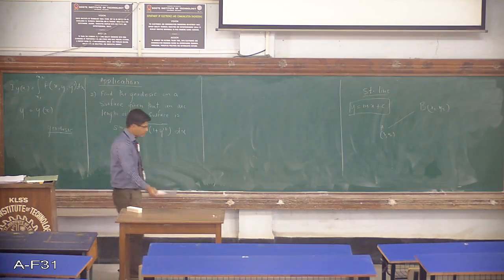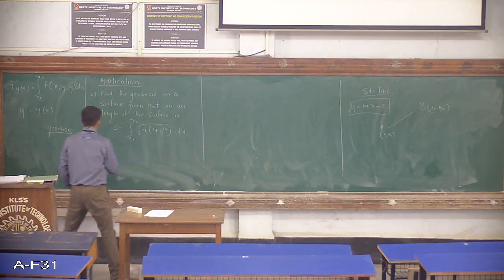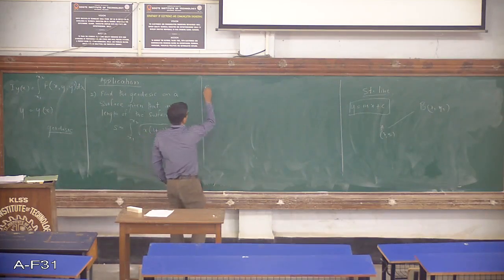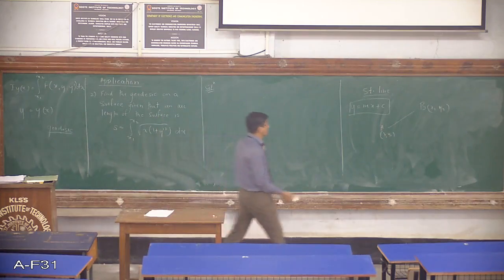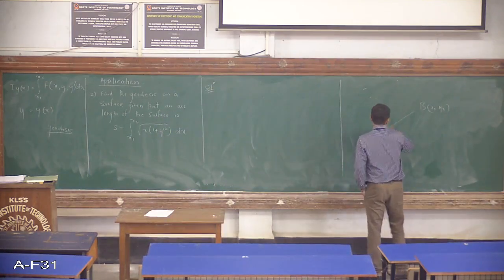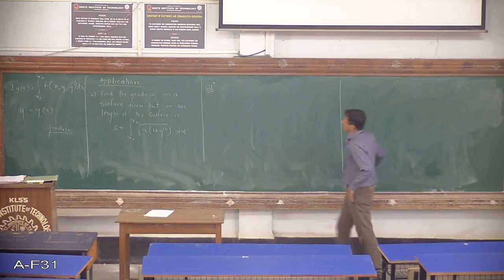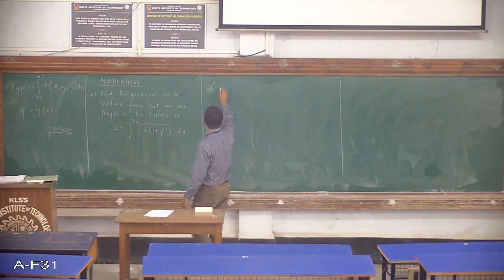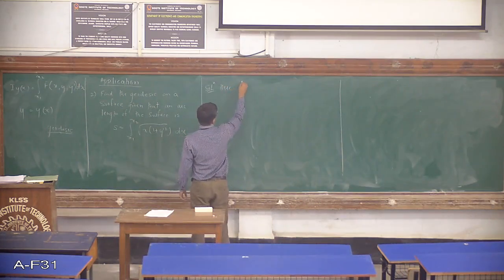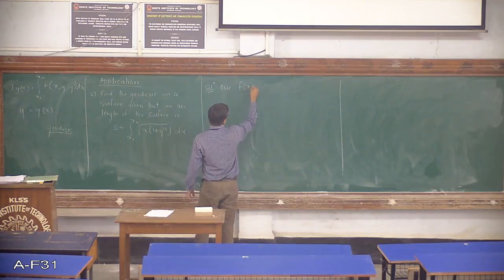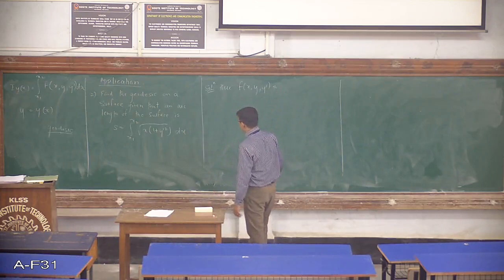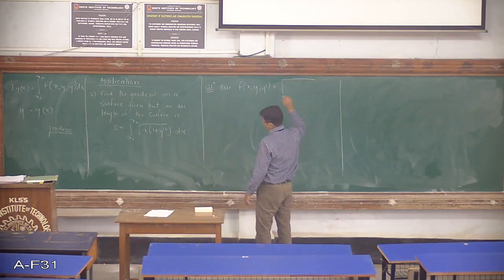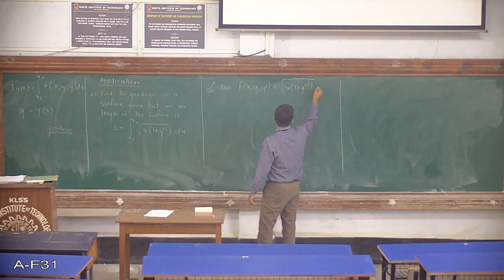So, the solution. Here f, a function of x, y and y prime, is equal to the square root of x into 1 plus y prime square.